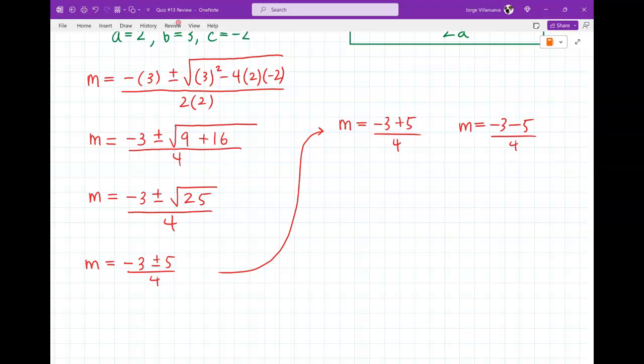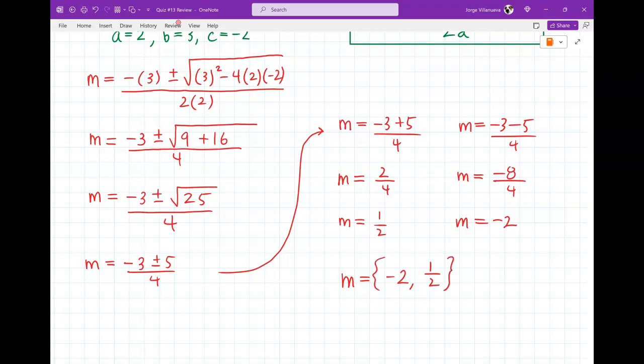So negative 3 plus 5, that's 2, so this gives me 2 over 4, which is a half. The other one, negative 3 minus 5, that's negative 8, and negative 8 over 4 is negative 2. So here are my two solutions: negative 2 and a positive half.